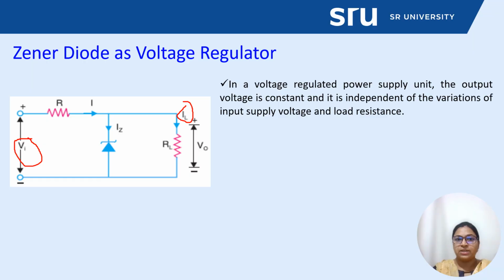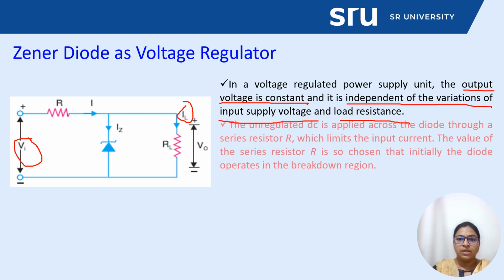What is important is that the output voltage is constant. It is independent of variation of input supply voltage and load resistance. The unregulated DC is applied across the diode through a series resistor.